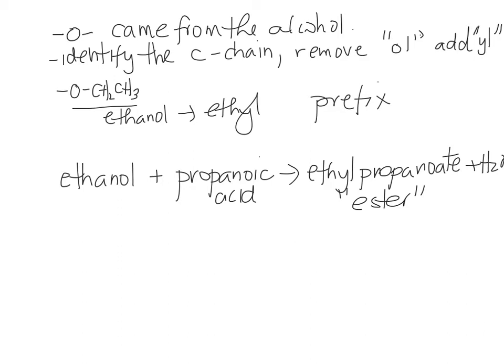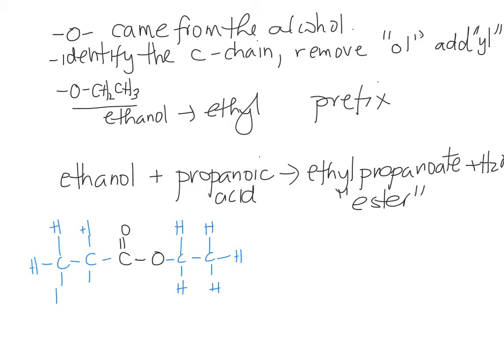So that would look like this. The alcohol was 2 carbons long, and the acid was 3 carbons long. Here's the first carbon, second carbon, third carbon. So this is what ethyl propanoate looks like.